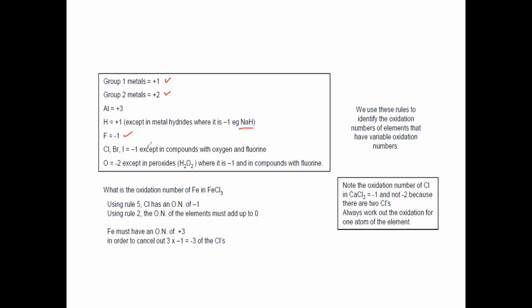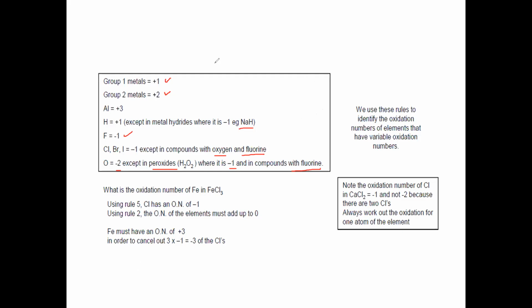Chlorine, bromine, iodine are -1, except in compounds with oxygen and fluorine, because oxygen and fluorine are more electronegative, so they tend to gain electrons easily. That's why the oxidation number will not appear as -1. And oxygen is -2, except in peroxides, where it is -1, and in compounds with fluorine. So these are some exceptions.